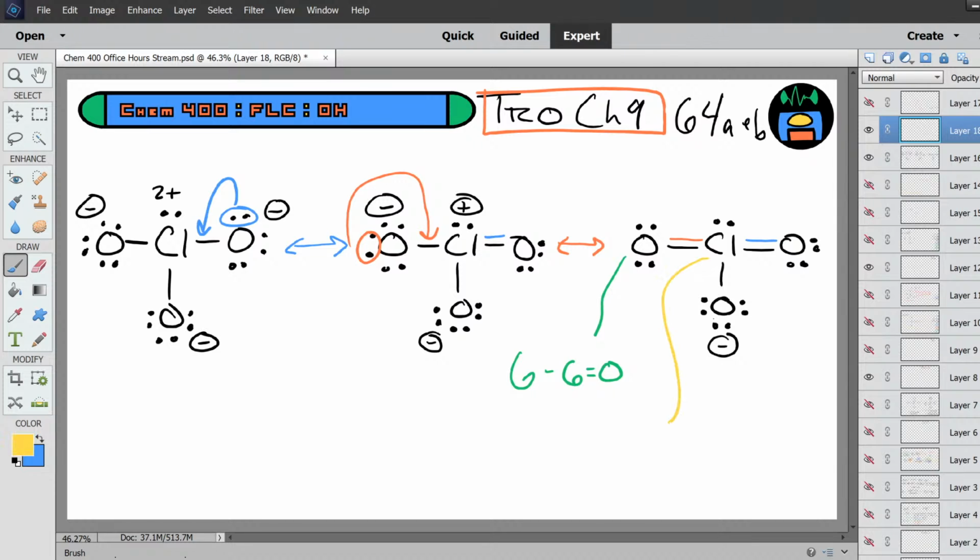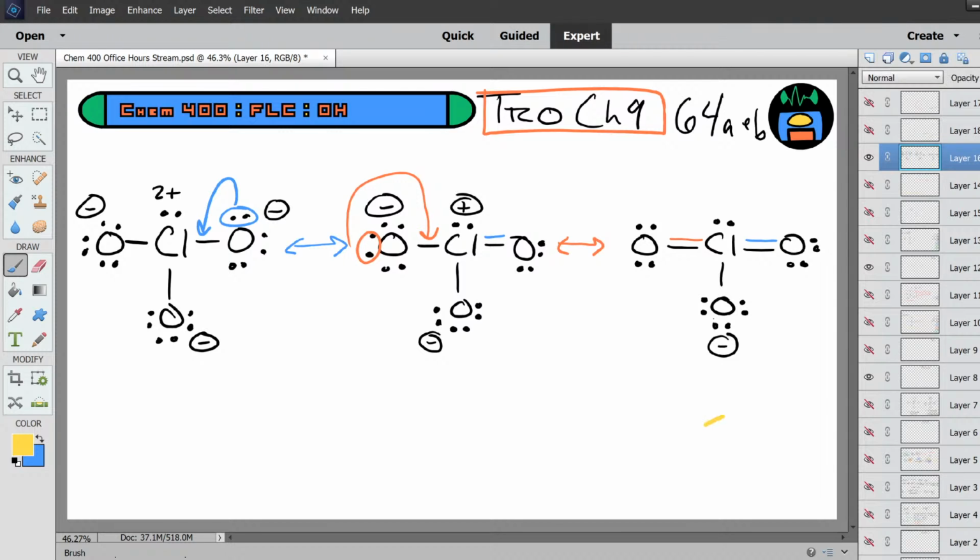Now if we look at this chlorine, chlorine has 7 electrons when it's neutral. In this structure, chlorine has 2 electrons in lone pairs plus 5 bonds. So 2 plus 5 is 7. 7 minus 7 is 0. So as drawn, this resonance structure has the correct formal charges, and we're at a place where they can't be minimized anymore because we don't have any more positives and negatives that we can combine.